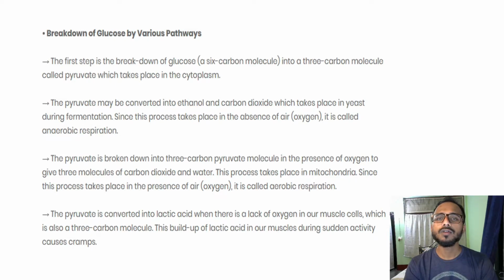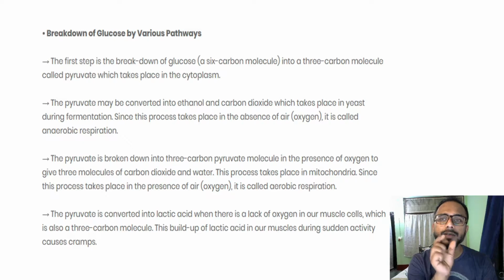The glucose formula is C6H12O6, that is 6 carbons, 12 hydrogens and 6 oxygens. The first step is to break down this glucose into 3 carbon molecules.